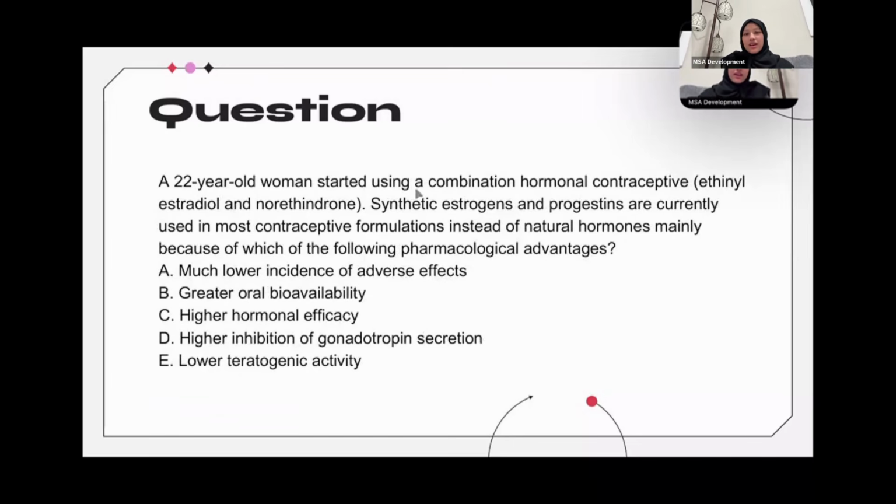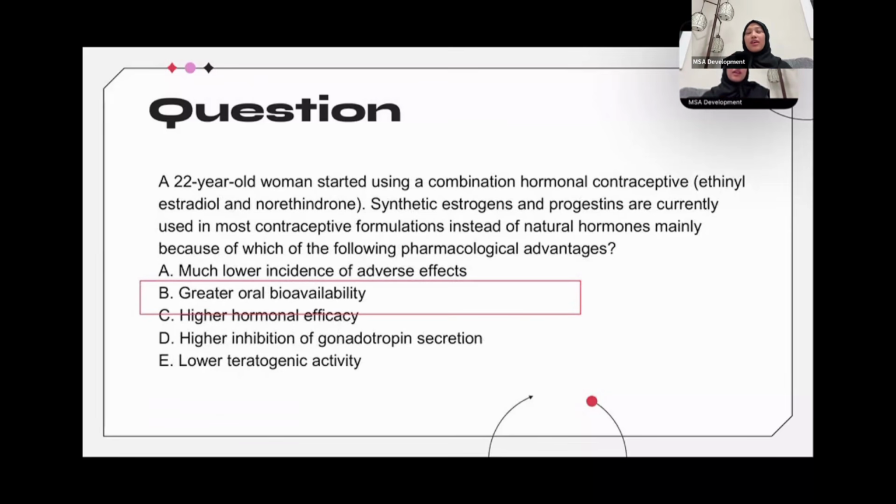Synthetic estrogens and progesterones are used, even though we said we prefer natural, we can still have synthetic. This is something new. So synthetic over natural, what is the advantage? It is that they have greater oral bioavailability.